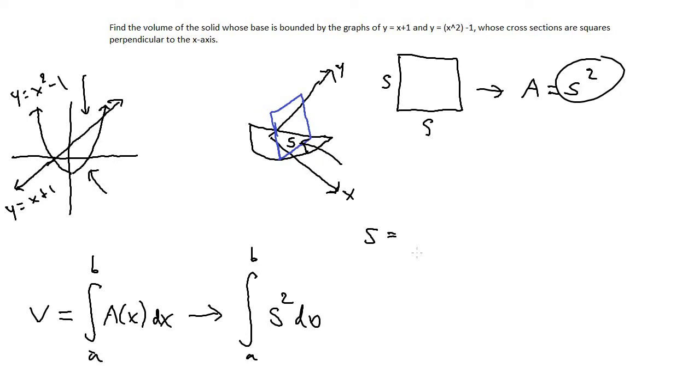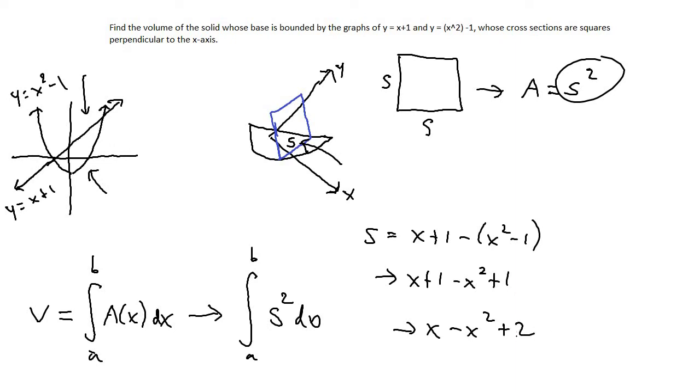So S is going to be the top curve, which is x plus 1, minus the bottom curve, which is x squared minus 1. I can distribute out that minus, so I get x plus 1 minus x squared plus 1. So then we get x minus x squared, and 1 plus 1, which is 2, plus 2.